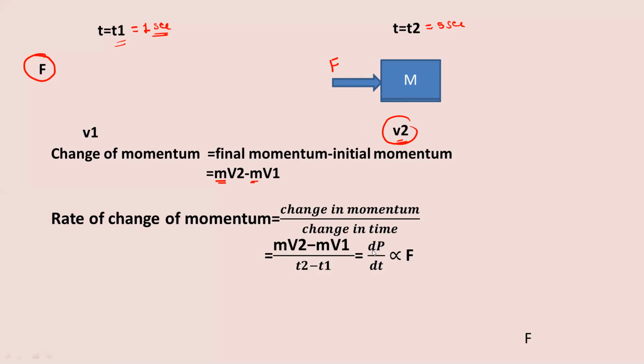As per Newton's second law, the applied force is directly proportional to the change in momentum. From this equation, we can take the mass constant, so in the bracket we have v2 minus v1 divided by t2 minus t1. What is v2 minus v1 upon t2 minus t1? It is the change in velocity with respect to time, and that is nothing but the acceleration. So finally, we get mass into acceleration is proportional to F.